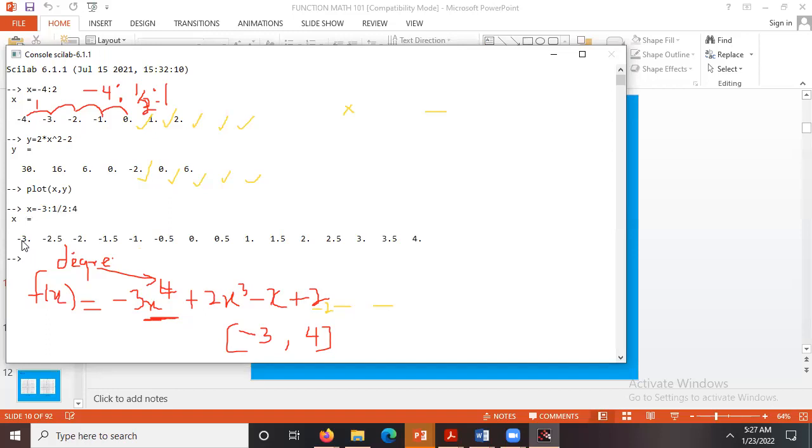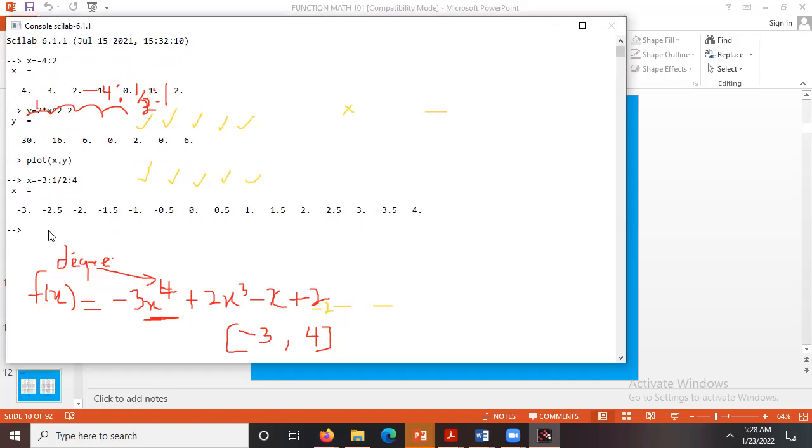Instead of moving from -3 to -2, -1, 0, 1, 2, 3, 4, it's halved the interval for me. So from -3 to -2.5 to -2 to -1.5 to -1 to -half to 0 to half, 1, 1.5, 2, 2.5, 3, 3.5, 4. Okay, so I've halved the interval.